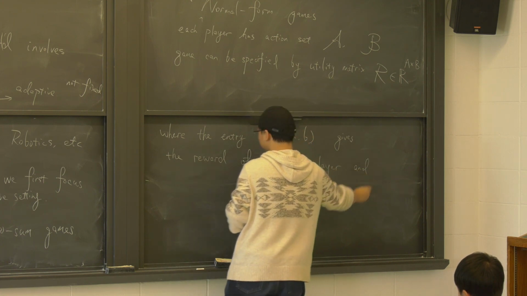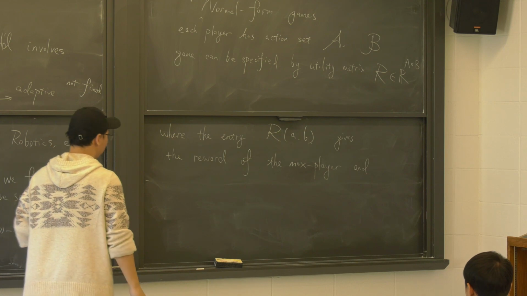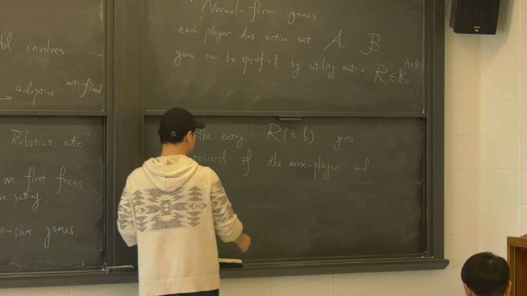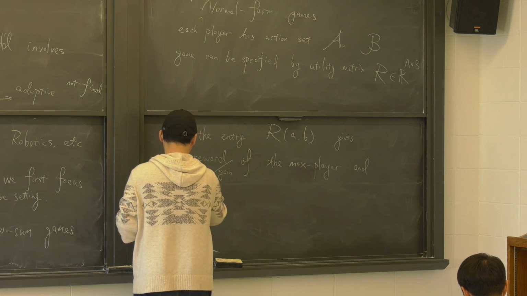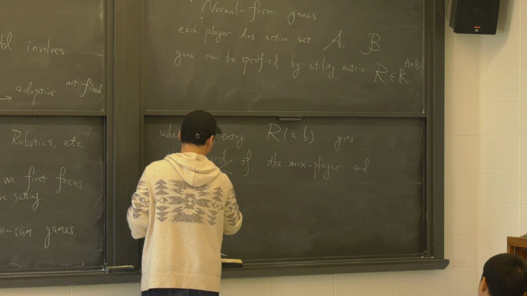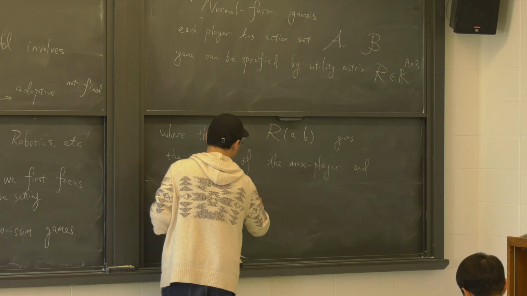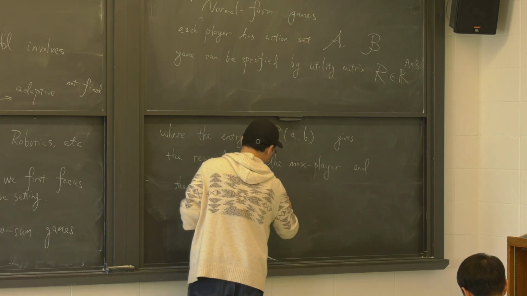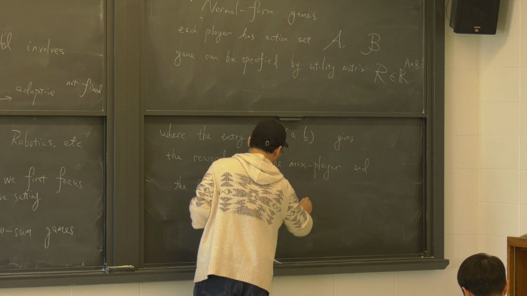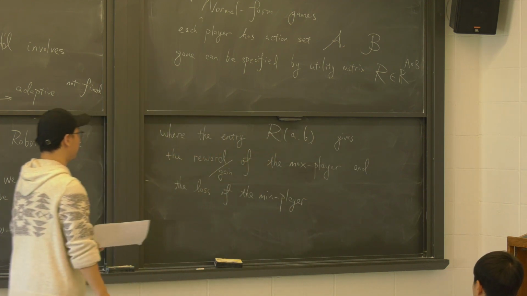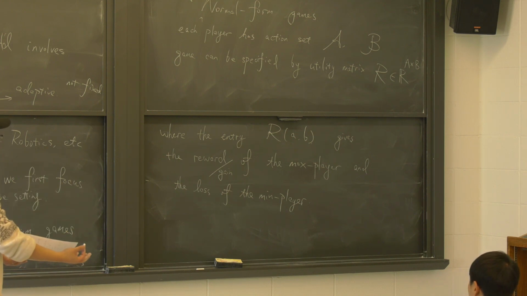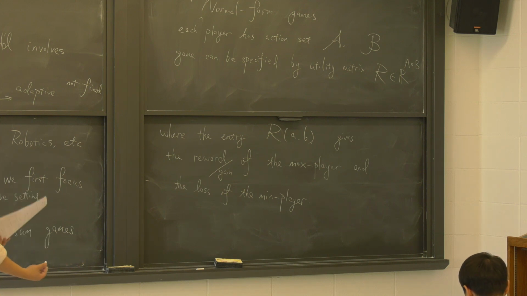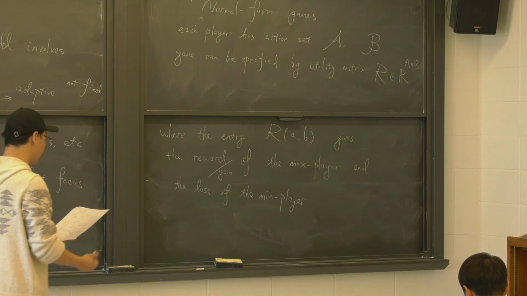And because it's a zero-sum game, the reward of one player is the loss of the other player. So we just have one single matrix, and this matrix specifies the gain of the max player, and because it's zero-sum, it simultaneously is also the loss of the other player.